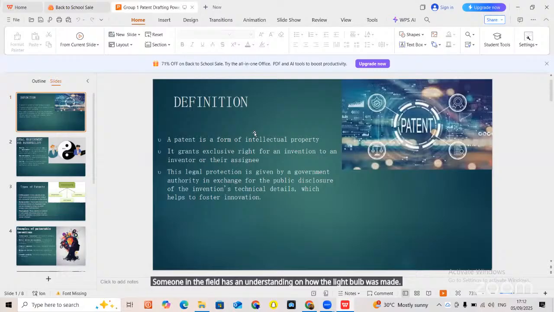And down the lines of history, we'll all know that the original creator, whoever brought up the idea and created or invented the light bulb, was Thomas Edison. So I believe that's what went down. So in simple terms, it is the legal protection given by a government authority in exchange for the public disclosure of the technical details of a groundbreaking invention, which helps to foster innovation.